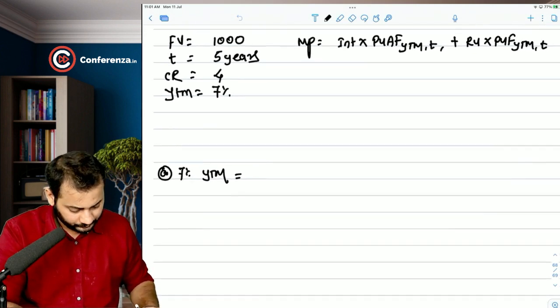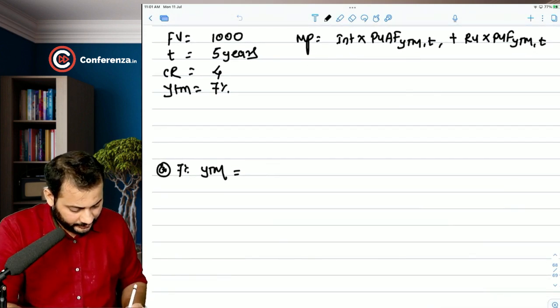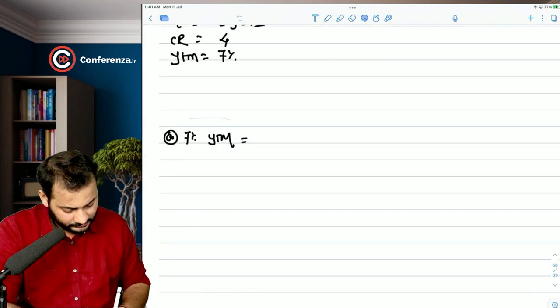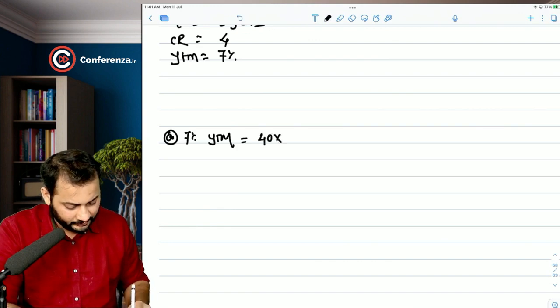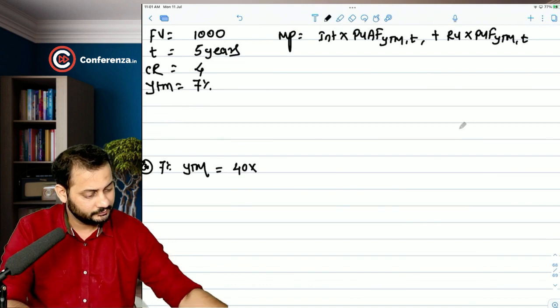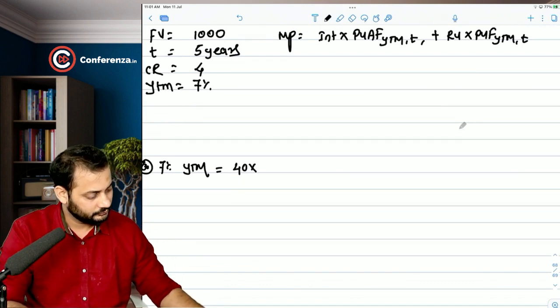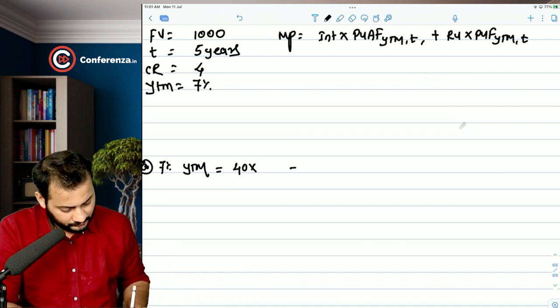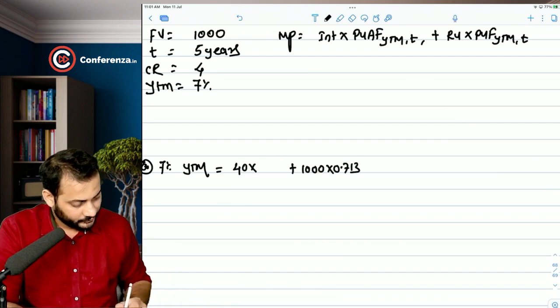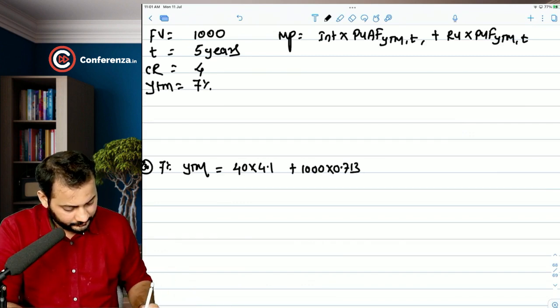So I can do the calculation here like this: 40 multiplied by annuity factor at 7%, plus 1000 into present value factor 0.713, with annuity factor 4.1.